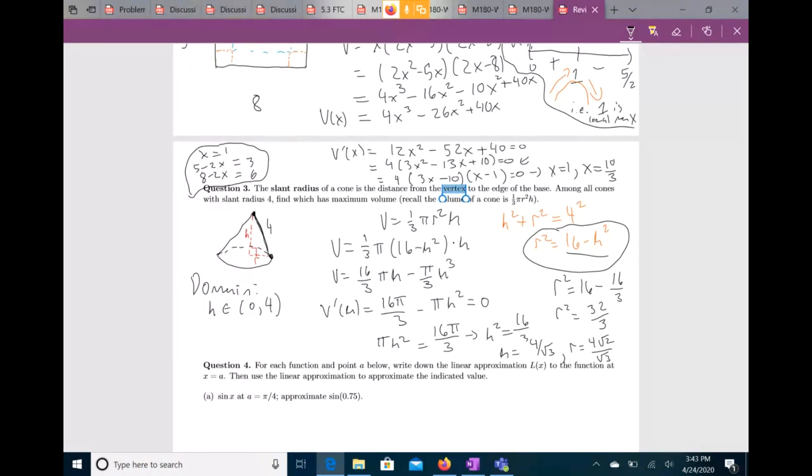Okay, and you would want to use a sign chart. Right, it can't be equal to 4. Yeah, exactly.